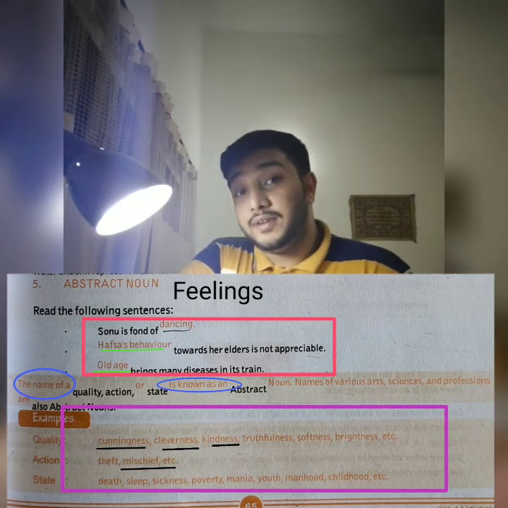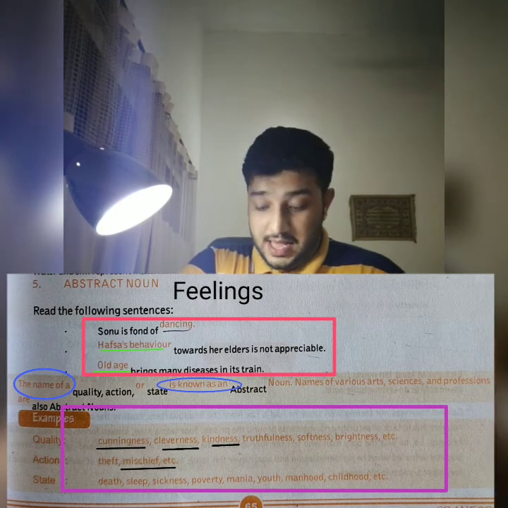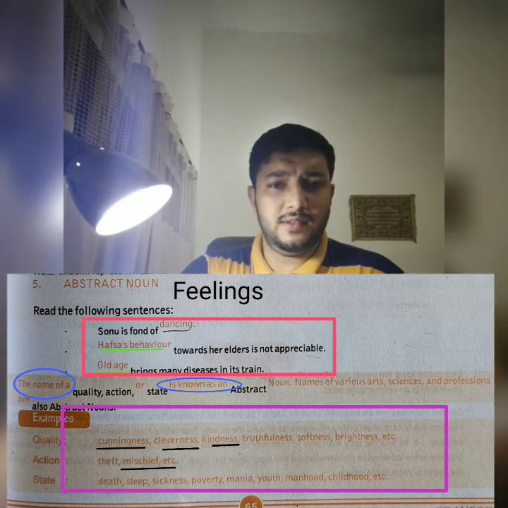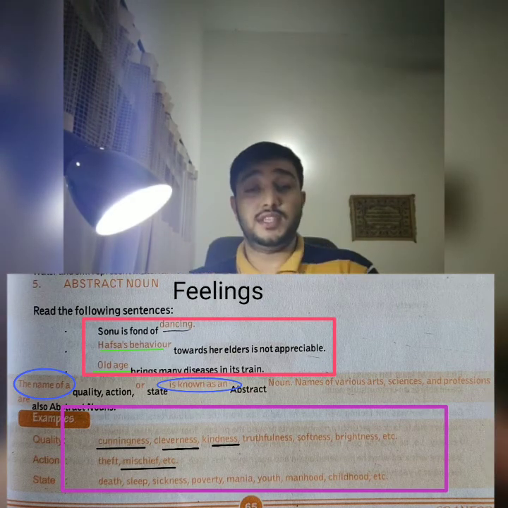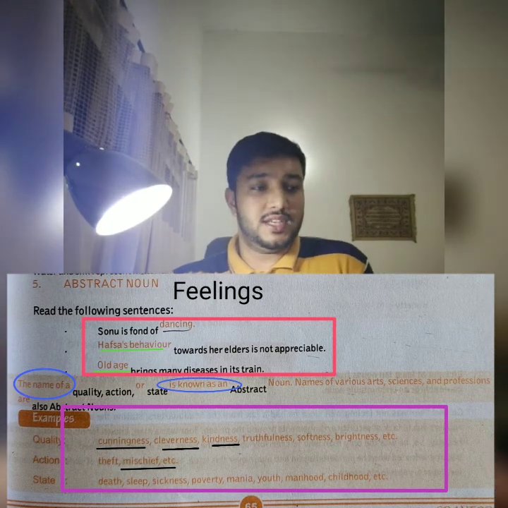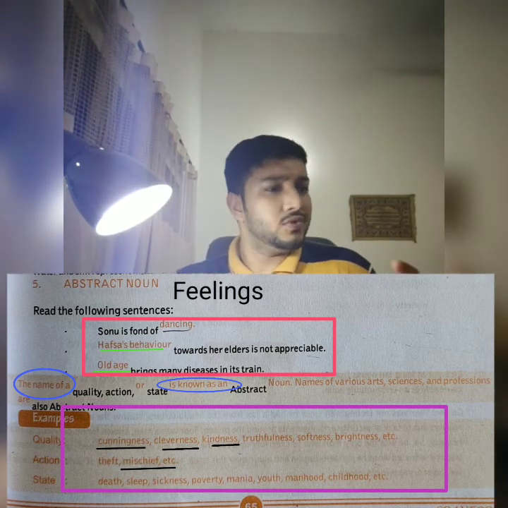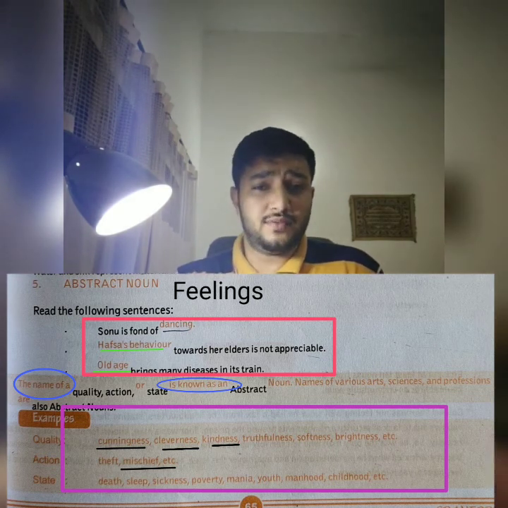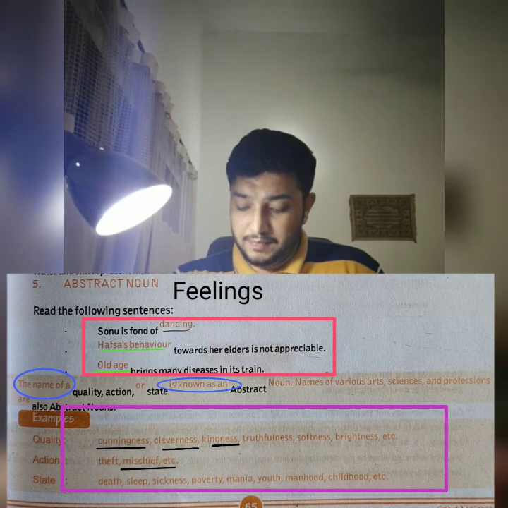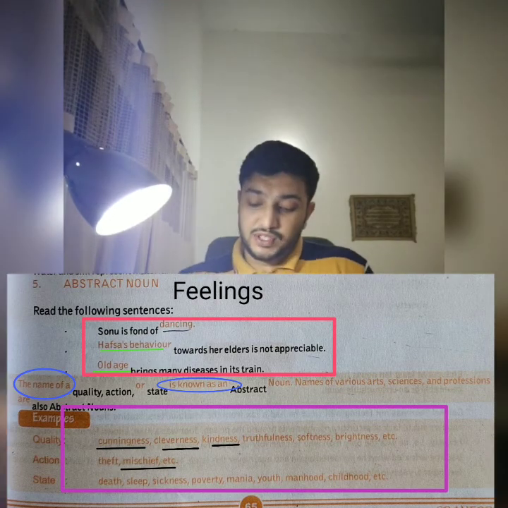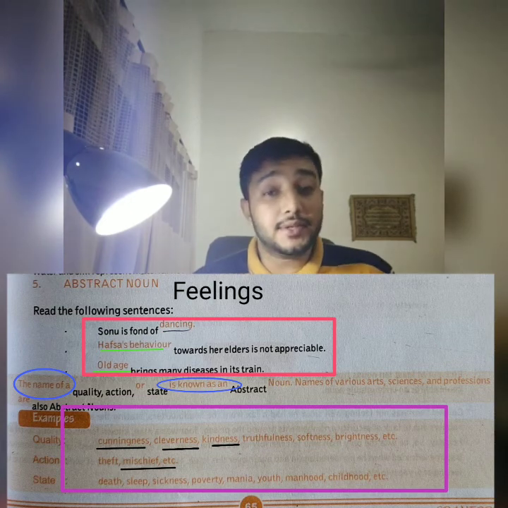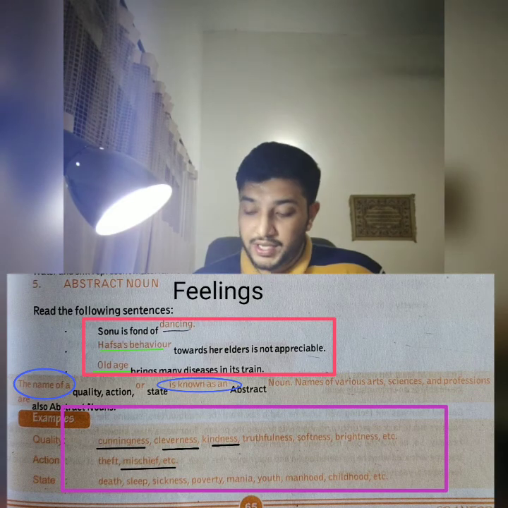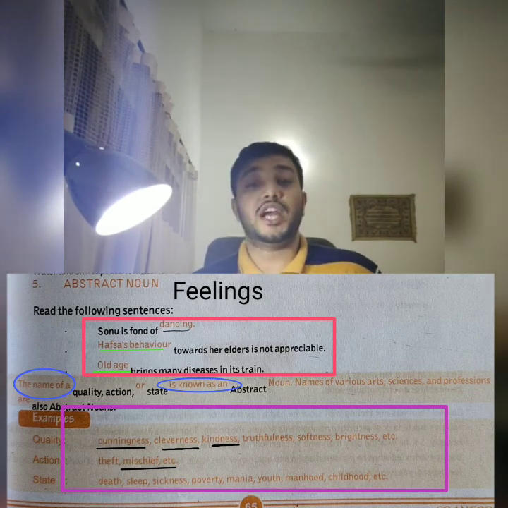Action, like theft. Theft is an action which you cannot physically feel, physically see, or physically touch. That is just a feeling, like theft, to snatch something or to take something from someone. Mischief. Like we talk about state: death, sleep, sickness, poverty, mania, youth, manhood, childhood.